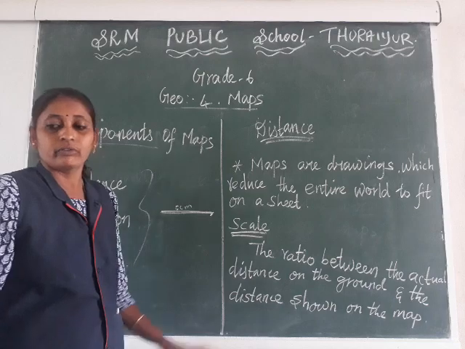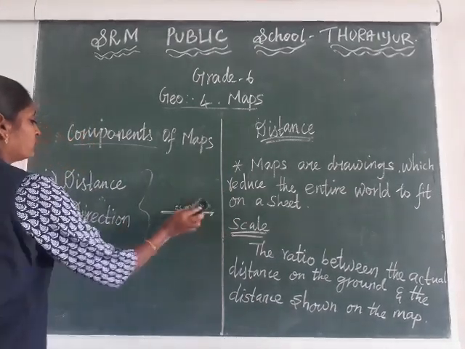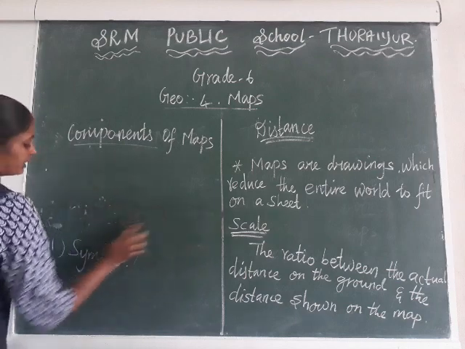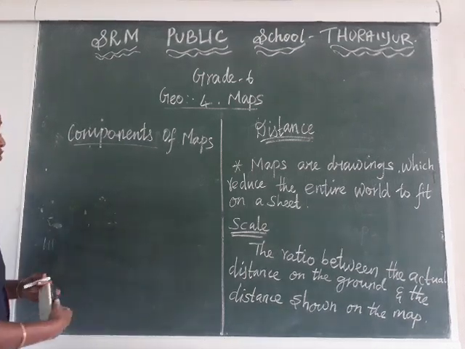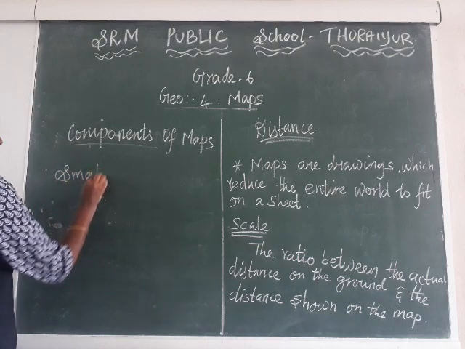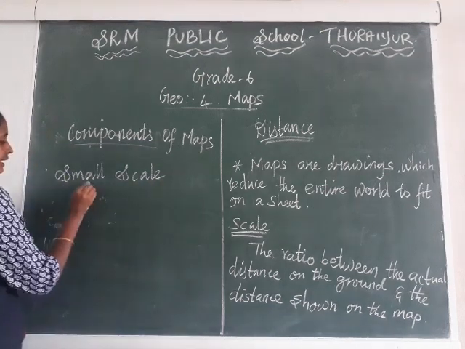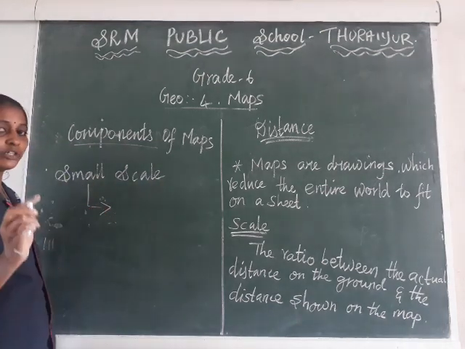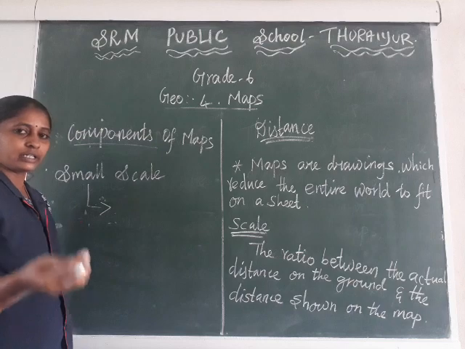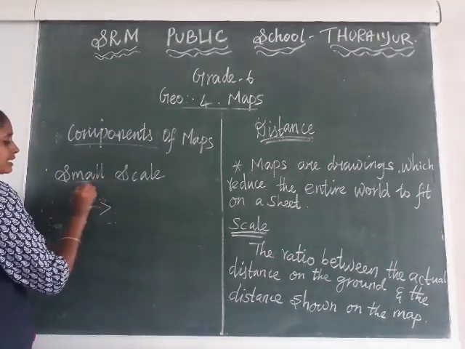Okay, in the distance of the map we have two types. One is small scale, another is large scale. Small scale means when we are trying to draw a continent or a country and its boundary, that time we are using a small scale map.